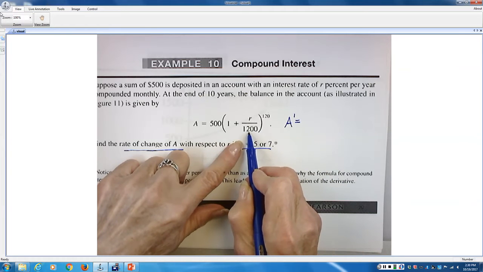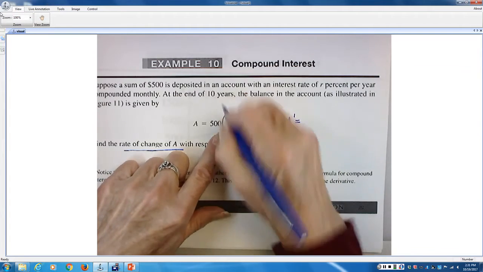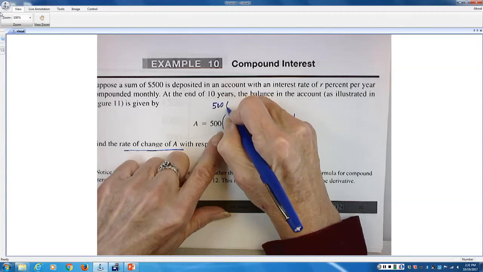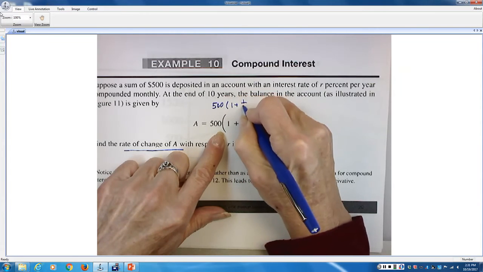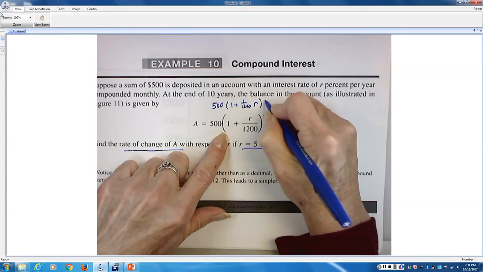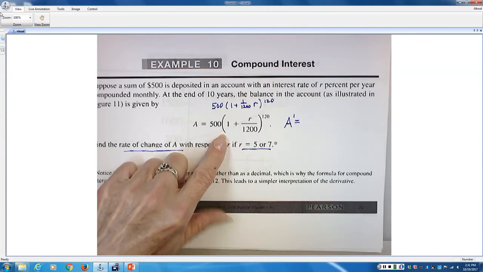We don't really need a quotient rule for this because we can rewrite it so that that's 1 over 1,200 as a fraction, and that would be good. So we have A is actually 500 times 1 plus 1 over 1,200 R raised to the 120th power to actually make it easier to take the derivative.